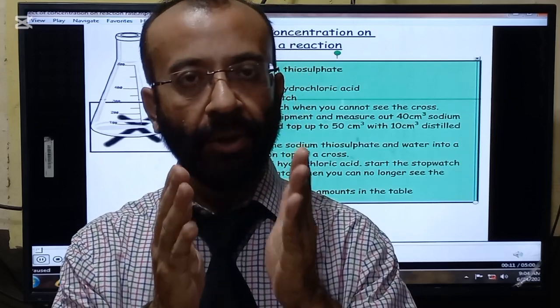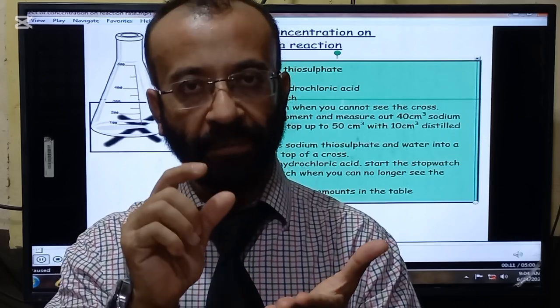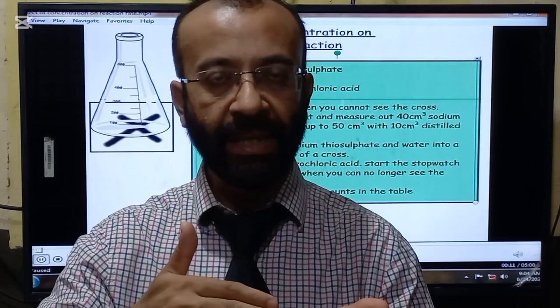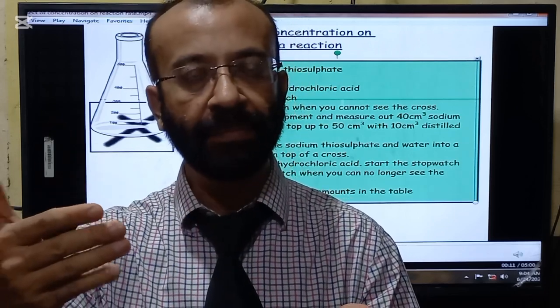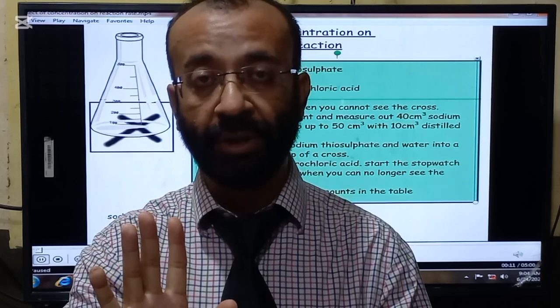So if the concentration of the reactant is less, it means the number of reactant particles will be less than in the previous experiment, in which 50 centimeter cube of sodium thiosulfate was used.